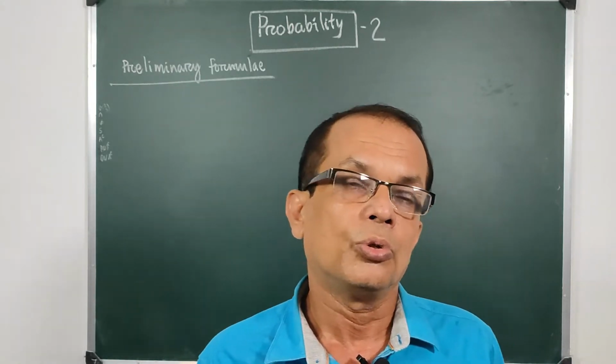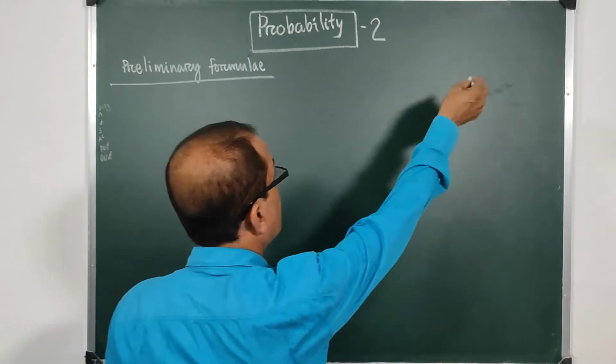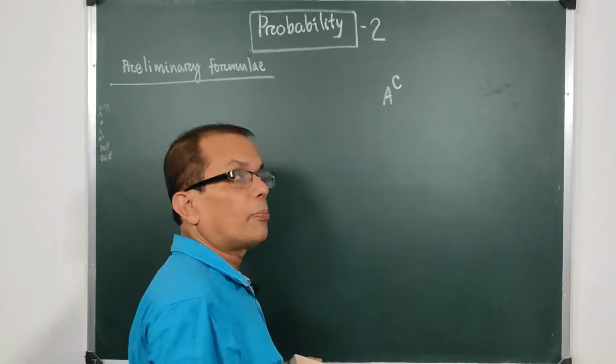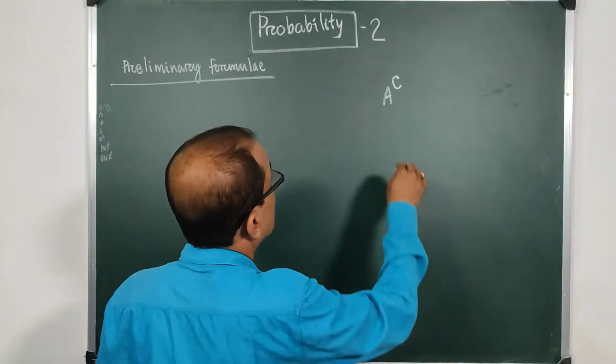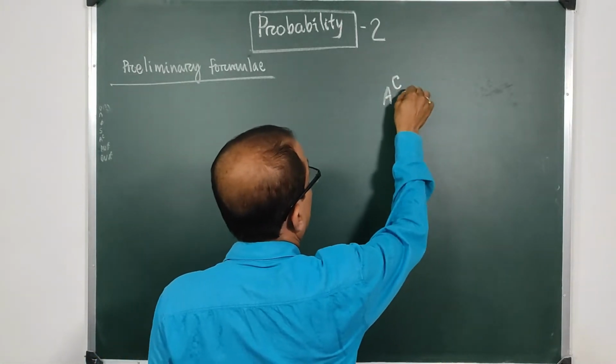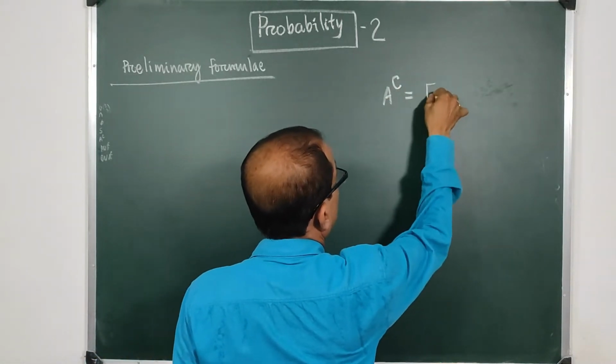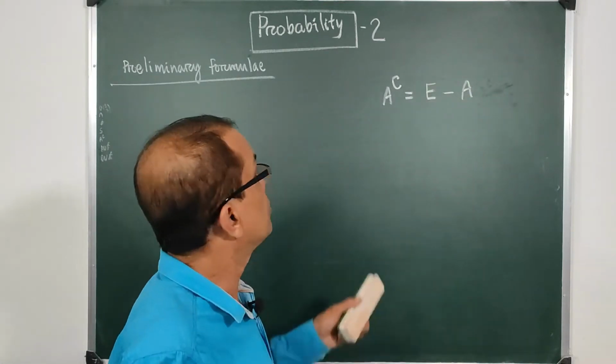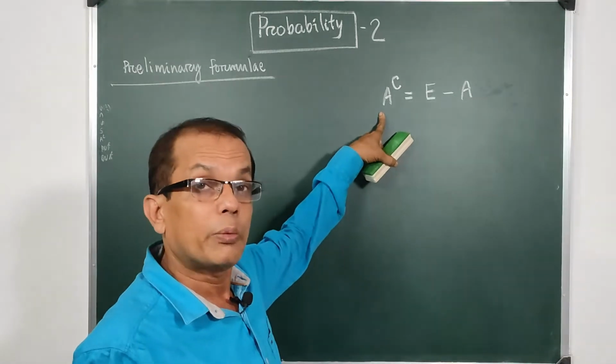For example, we know that when we have a set A whose complement is AC, this is equal to the universal set minus the set A. And how is it linked to probability?